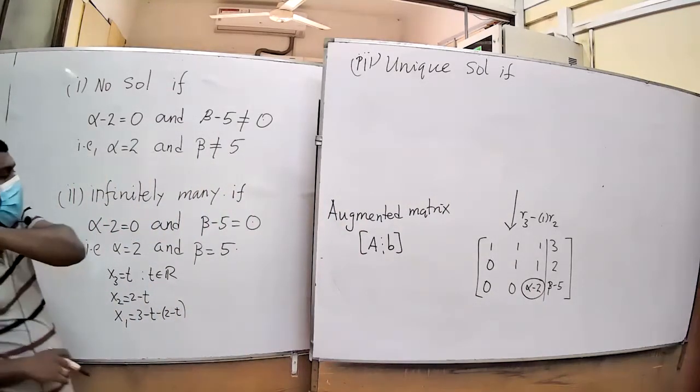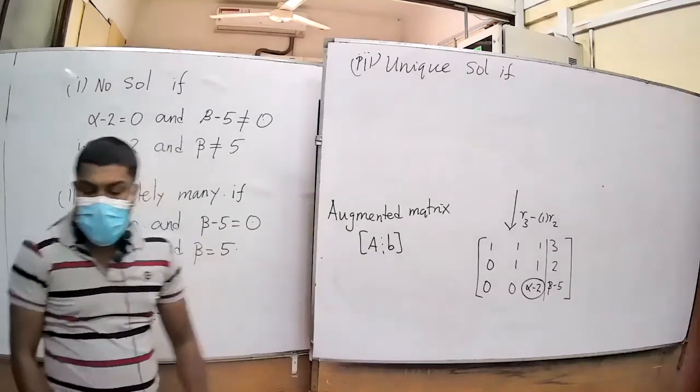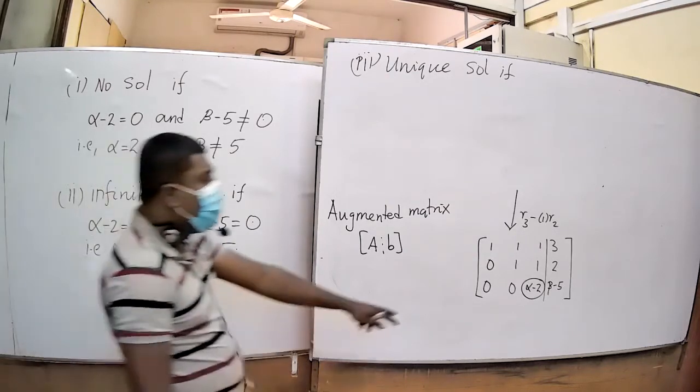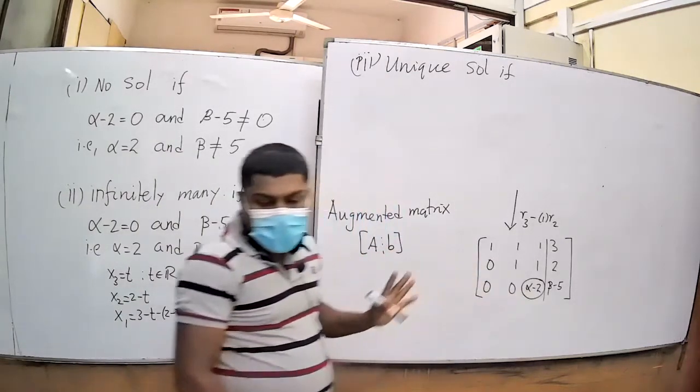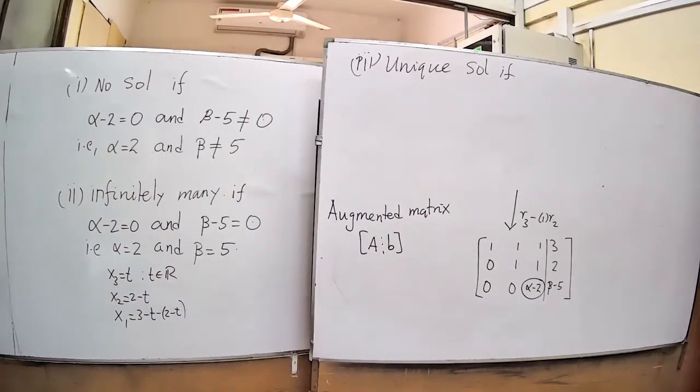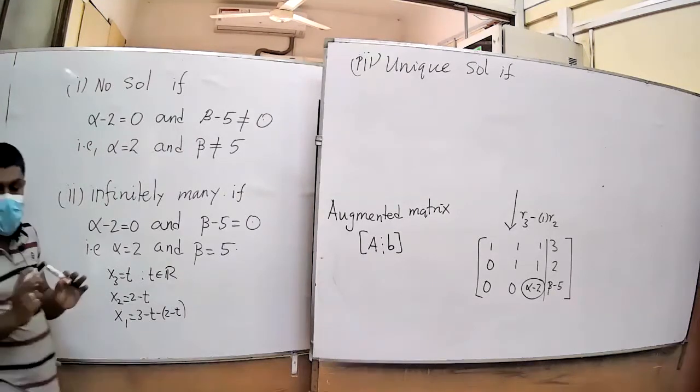You don't need to worry about beta minus 5; it can be anything. The only thing you need is this to be non-zero. If that is non-zero, you have 3 non-zero rows. I have 3 unknowns and 3 non-zero rows, so I have a unique solution.